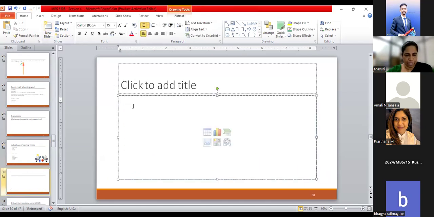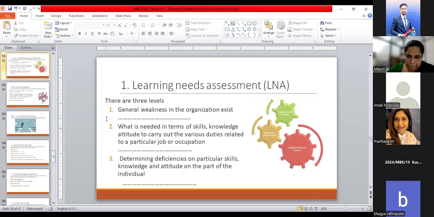First you observe the signs or symptoms, then from symptoms you go for gap analysis to identify the significance, and from the gap analysis you move to level analysis, to make sure it's a matter of learning. So that is the learning need assessment, LNA.